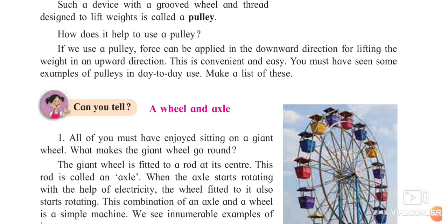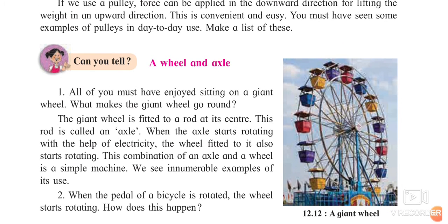That rod is called the axle. In a bicycle also, one rod is placed in between. It is called the axle. In the giant wheel, the axle starts rotating with the help of electricity, and the wheel fitted to it also rotates because of it. So we can see innumerable examples where you can use the wheel and axle.